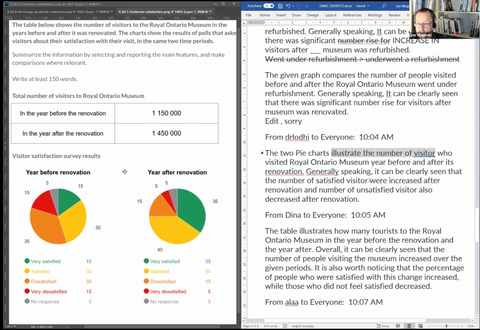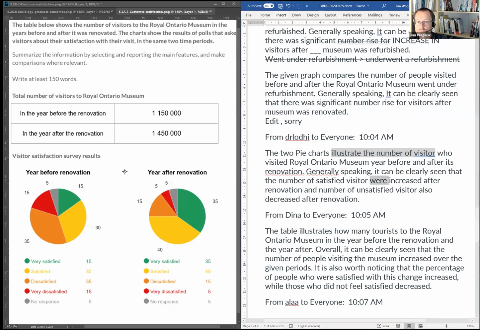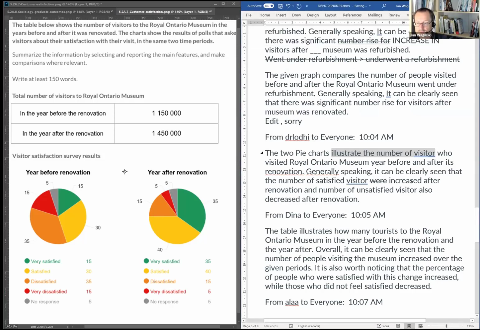Or increased. Passive is not appropriate here. The number of satisfied visitors increased after the renovation, and the number of unsatisfied visitors also decreased after the renovation.